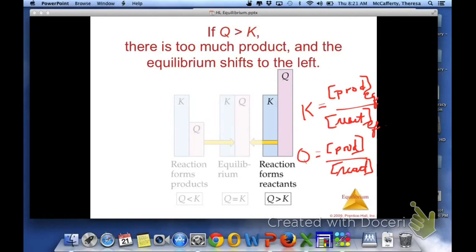If Q is larger than K, then there's too much product. This number is too big, so the equilibrium is going to shift to the reactant side, or to the left, to decrease Q until the value of Q is equal to K.